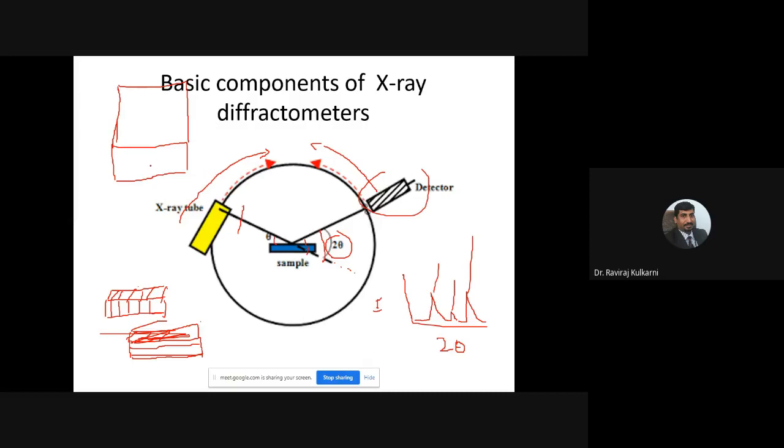I cut like this already, and like this also, so now I'll cut it like this. This I have cut along the x-axis. If the light is reflected from this plane, it may be the 100 plane. What should be the second slice? It should be the 200 plane. The third one is the 300 plane.